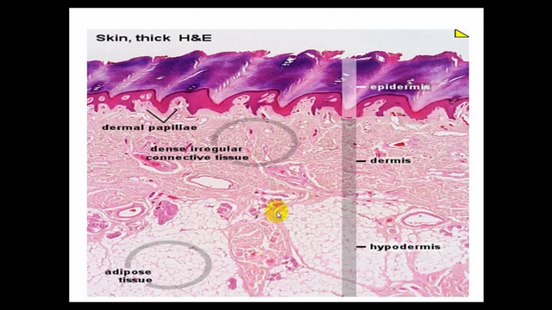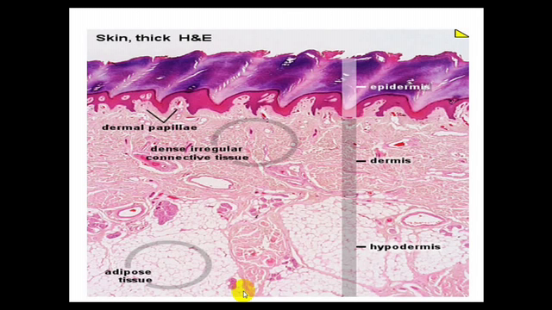Okay, this type of smooth muscle is responsible for what we call goose bumps. Also, we have many encapsulated mechanoreceptors in the reticular layer.